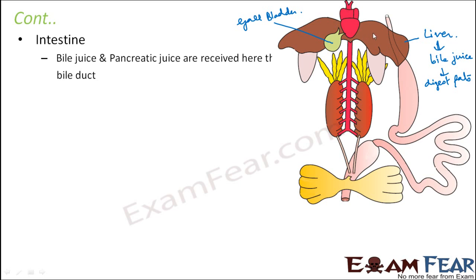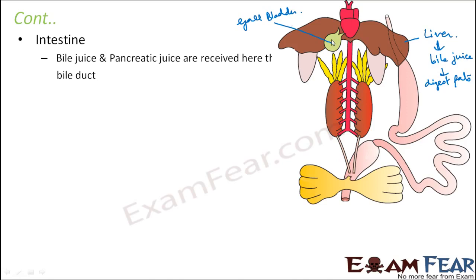Now this bile juice, after it is produced by the liver, is stored in the gallbladder, the green colored structure which you see here. Similarly, where do we have the pancreas? Just near to this gallbladder, you have a small organ called the pancreas. The pancreas secretes pancreatic juice, which helps to digest carbohydrates and proteins.